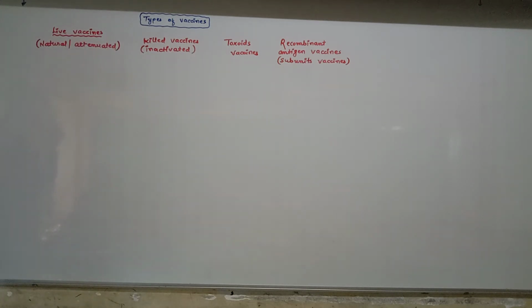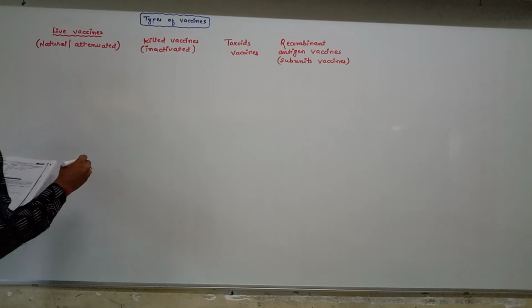Killed vaccine, that is inactivated one. Toxoid vaccines, in which we introduce the toxic substances. And recombinant antigen vaccine, known as subunit vaccine.